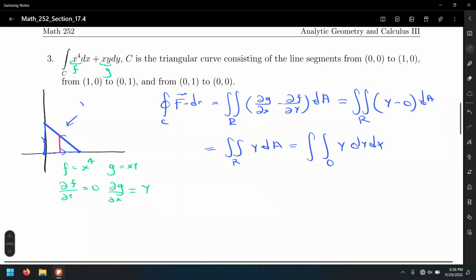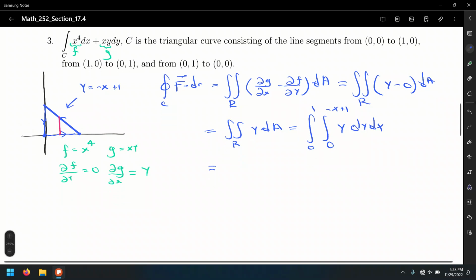It has a negative slope, -1, and a y-intercept at 1. So it's going to go from 0 to negative x plus 1, and the limits in the x direction go from 0 to 1.